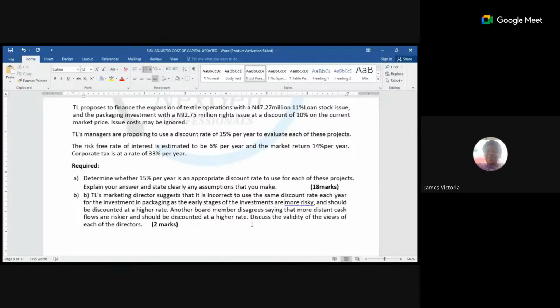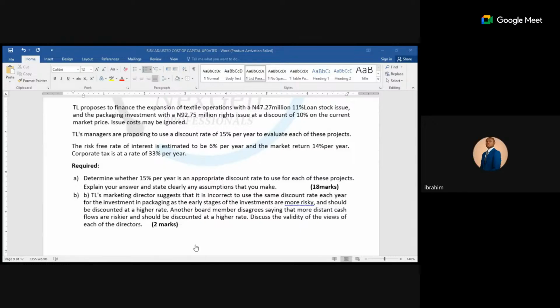Another board member disagrees, saying that distant cash flows are riskier and should be discounted at a higher rate. Discuss the validity of the views of each of the directors.